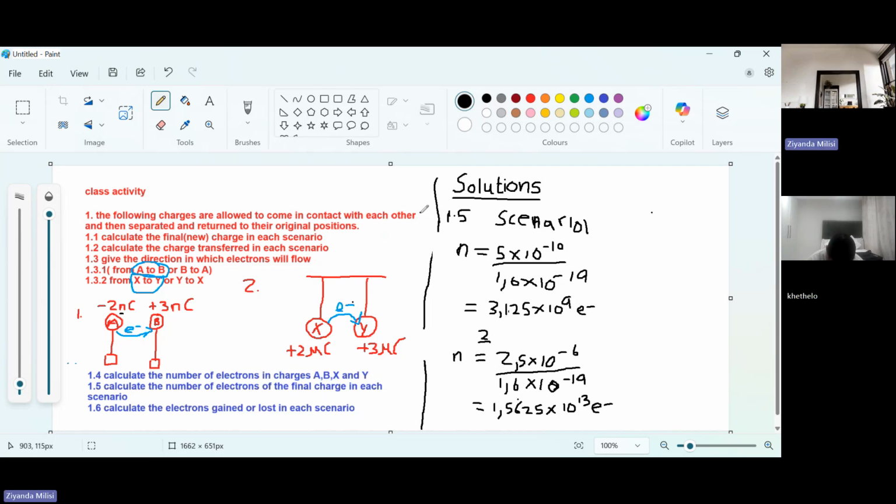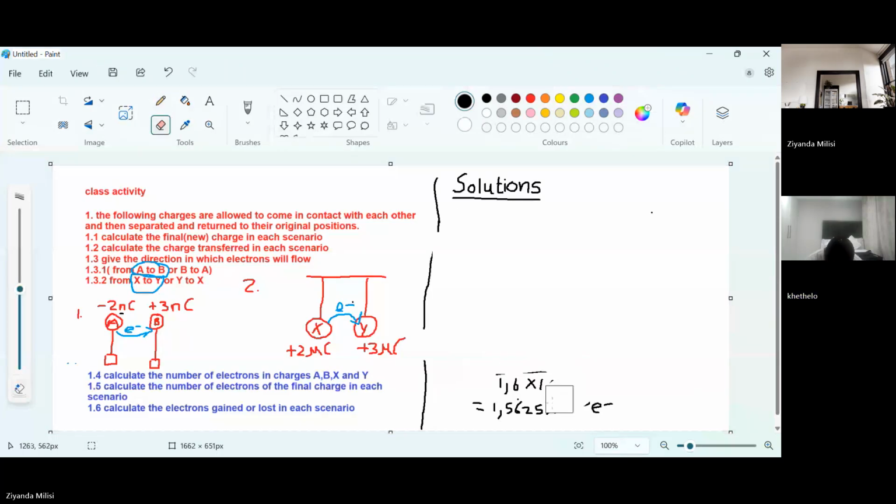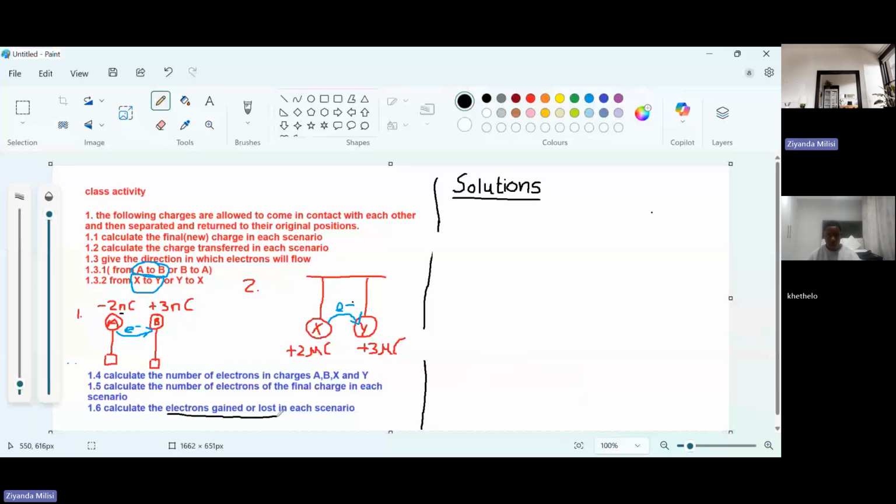Awesome. Then for 1.6, also read carefully. Calculate the electrons gained or lost in each scenario. Where are we going to find these electrons gained or lost? In which charge?